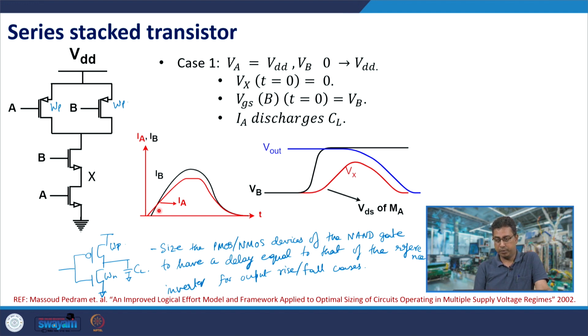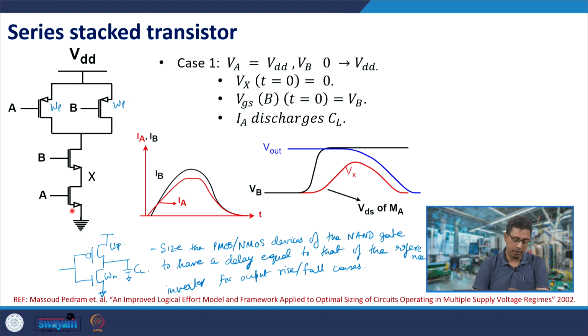Later as you proceed further, Vx keeps increasing because IB charges Vx, and IA discharges the remaining part of IB. Therefore, IB is larger, IA is smaller, and Cx is getting charged.